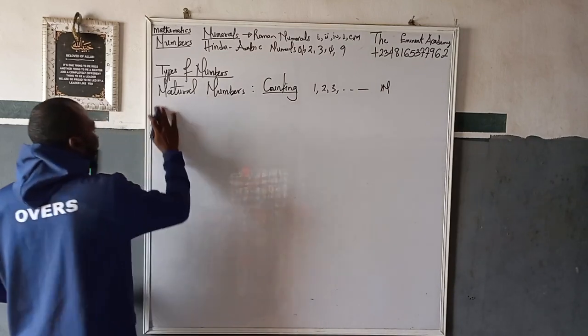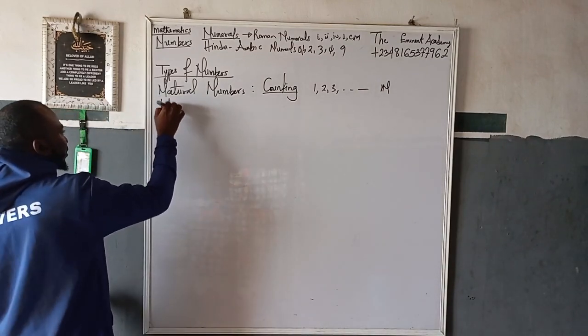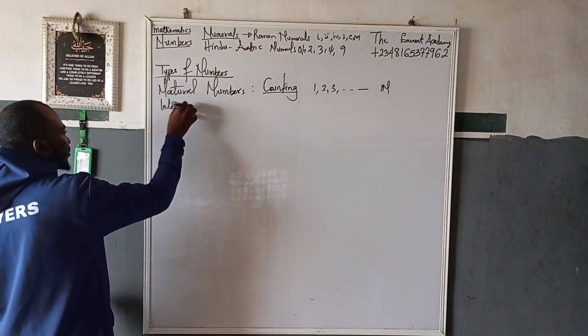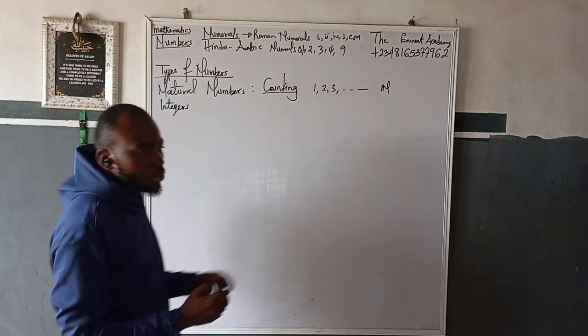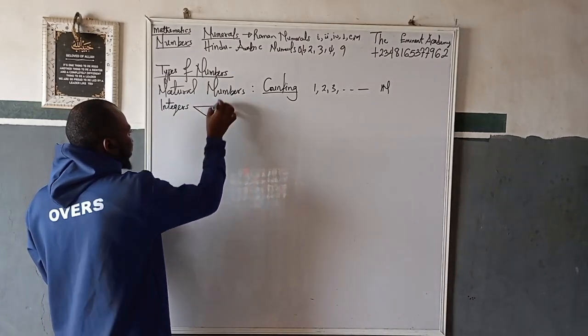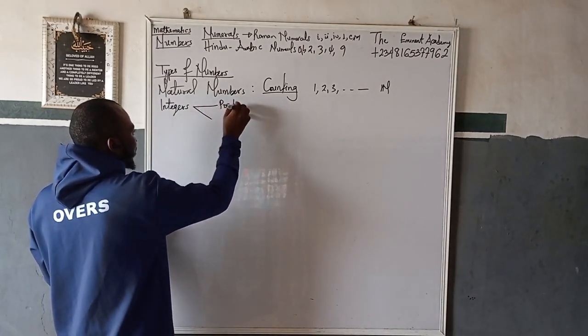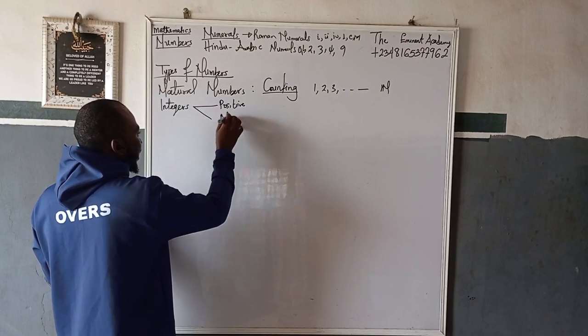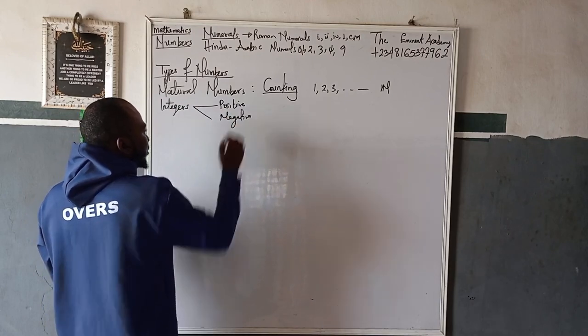The other number that we have is the integer. When we say integers, we have two: the positive integers and the negative integers.